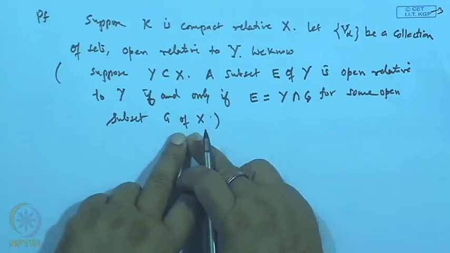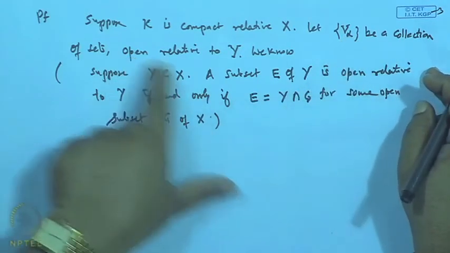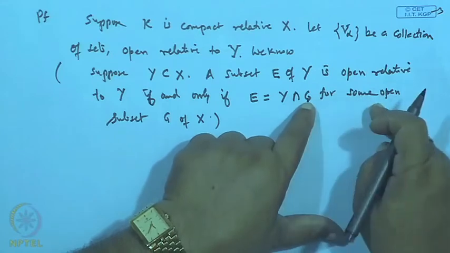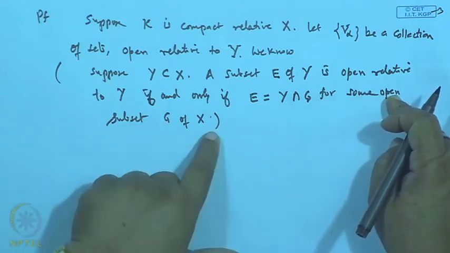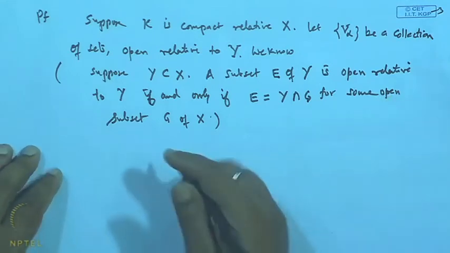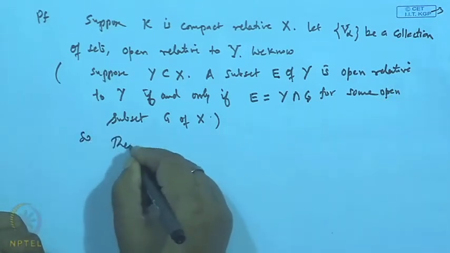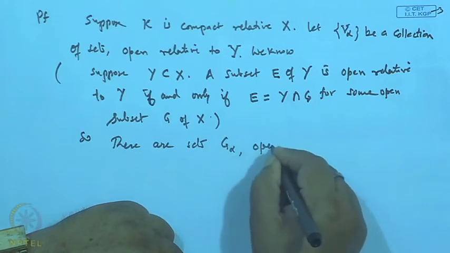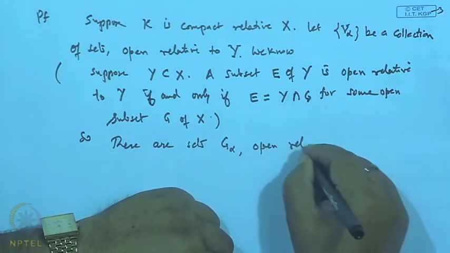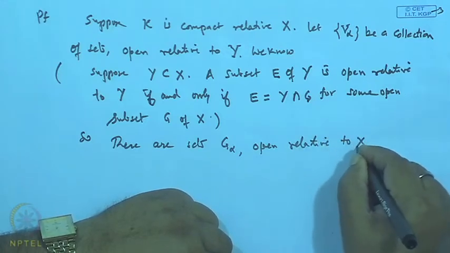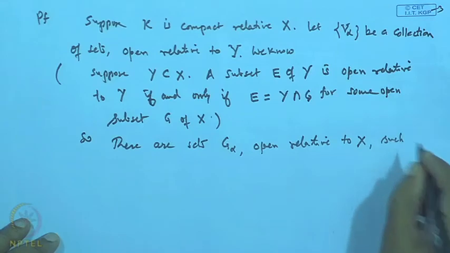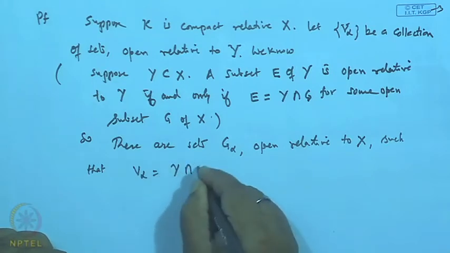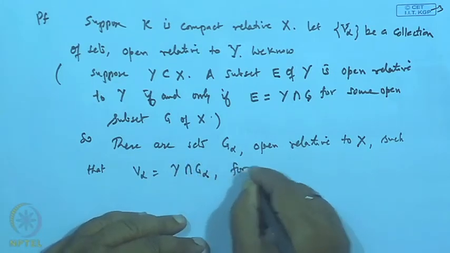Okay. So, using this result, if V alpha is given to be open relative to Y, then V alpha can be expressed as Y intersection G alpha for some open subset G alpha of X. So, they are all sets G alpha open relative to X such that V alpha is nothing but Y intersection G alpha for all alpha.